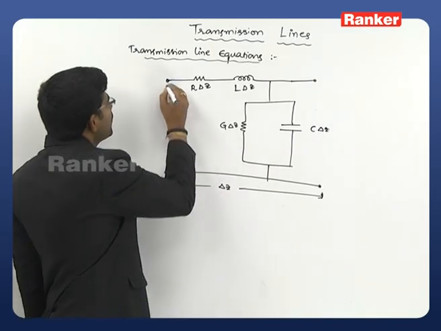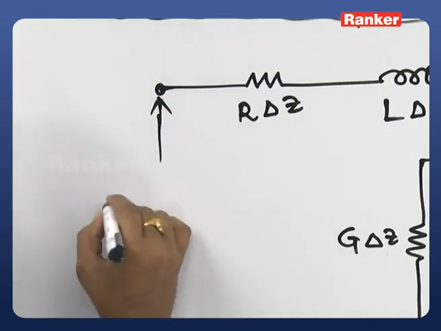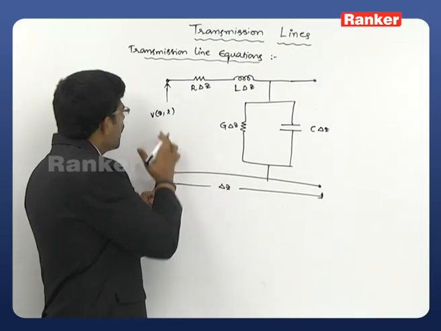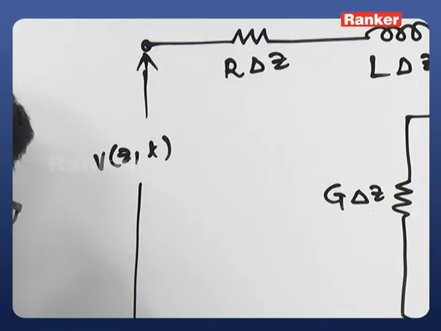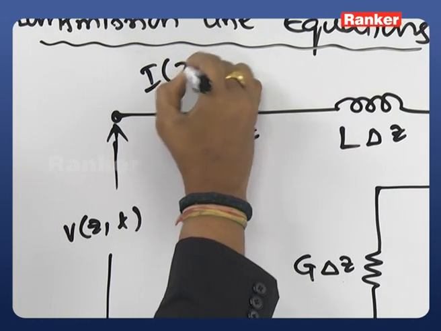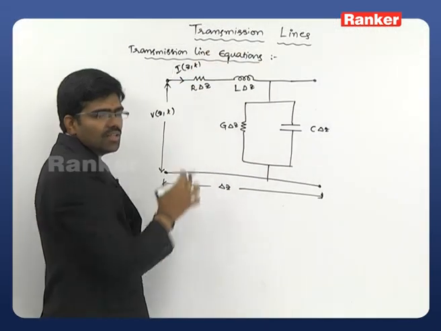Let us take that at the input I am applying a voltage V of Z comma T, at some location Z. Let us take the current flowing through this branch as I of Z comma T, that is the initial current.